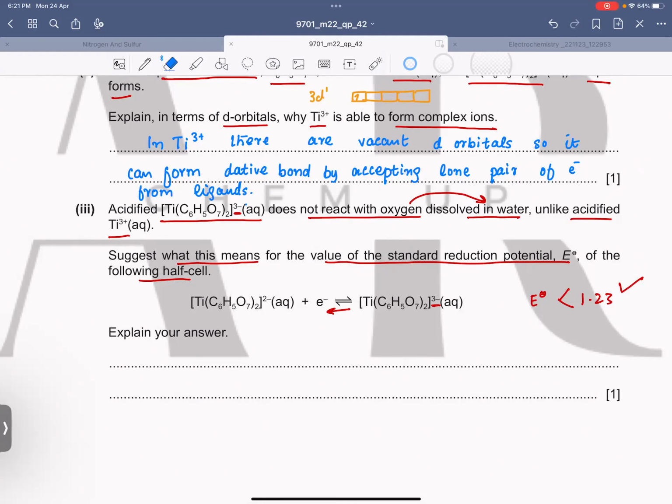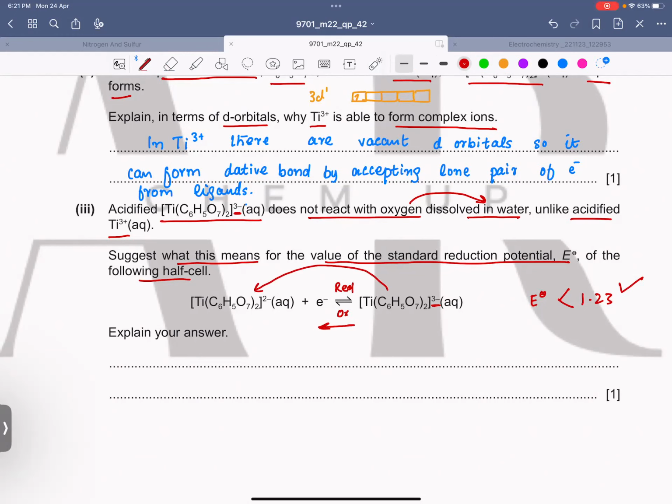Normally, we write the equation where the reduction is the forward reaction and the oxidation is the backward reaction. If its E naught value is lower than this, then it can undergo the backward reaction and turn into this one by reacting with the oxygen dissolved in water.